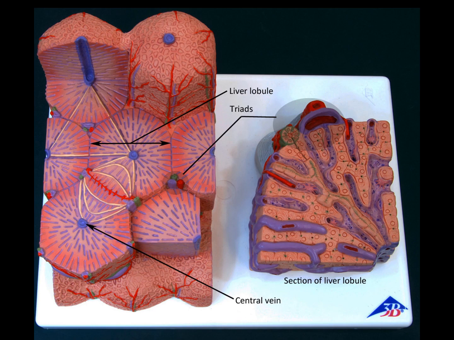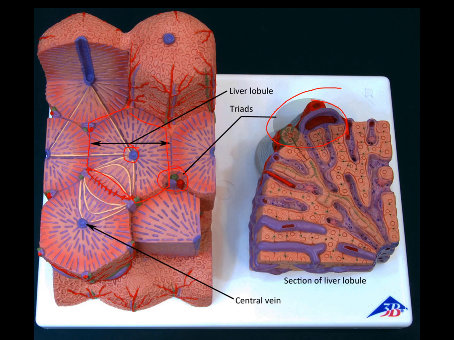We do have a model in lab as well showing this structure. On the left is the bigger part. You can see the hexagon shape in cross section, but it's kind of like a tubular structure when you're actually talking about 3D in the liver. Again, you have these hexagon lobules, and at each corner, you're going to have a triad.